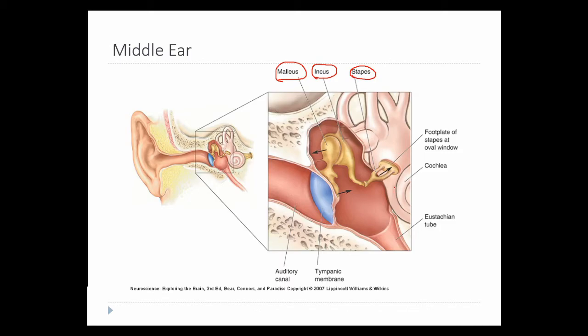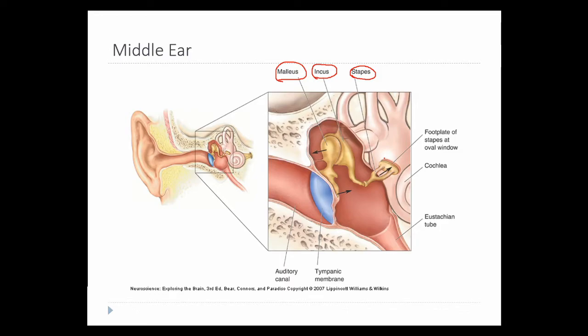So the middle ear bones, all they do is transmit sound from the tympanic membrane to the oval window. Now you might wonder why you need these little ear bones to transmit sound, because if the sound wave can vibrate the tympanic membrane, why couldn't it just directly vibrate the oval window? But like I said before, one of the problems with sound is that it travels through air and water, but if it transfers from one to the other, it loses energy.